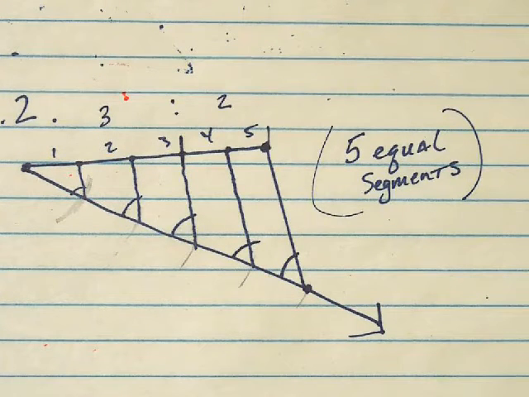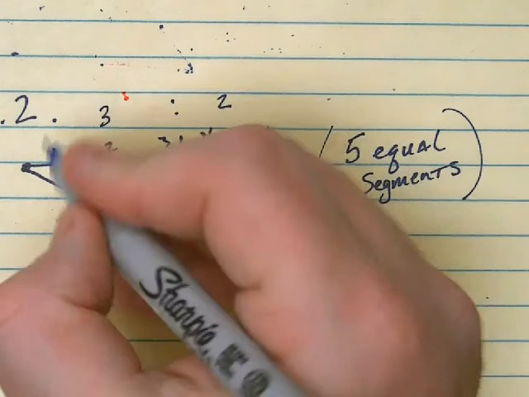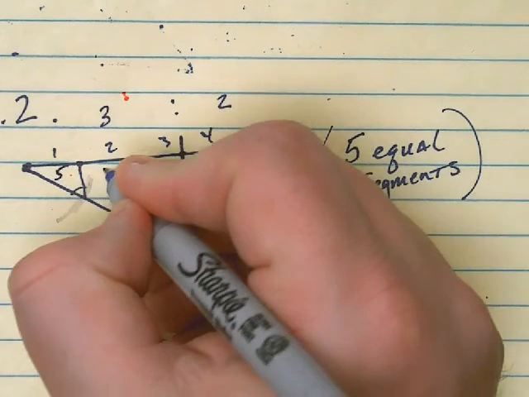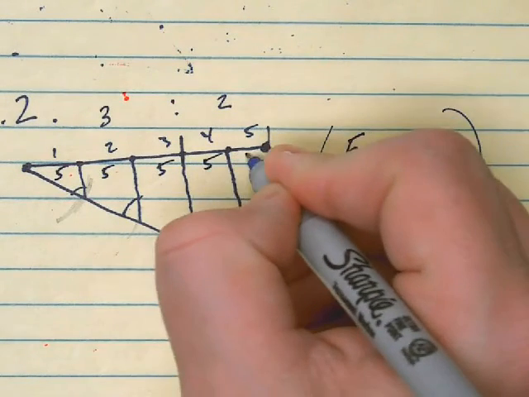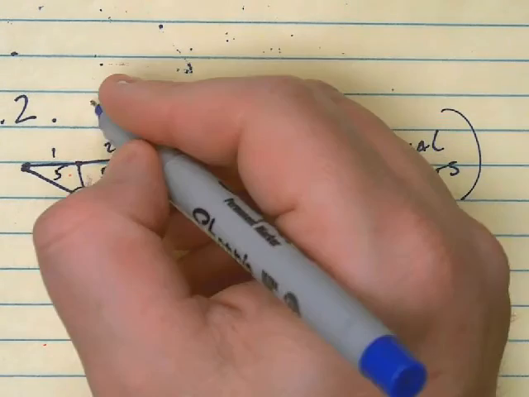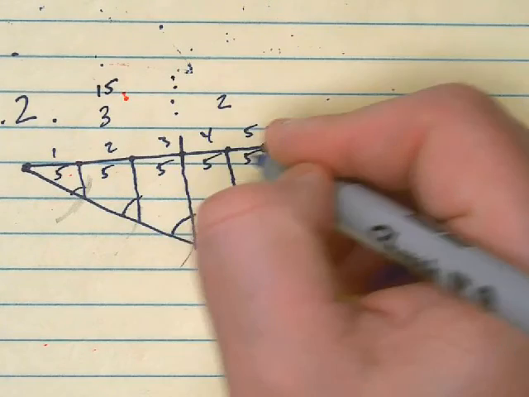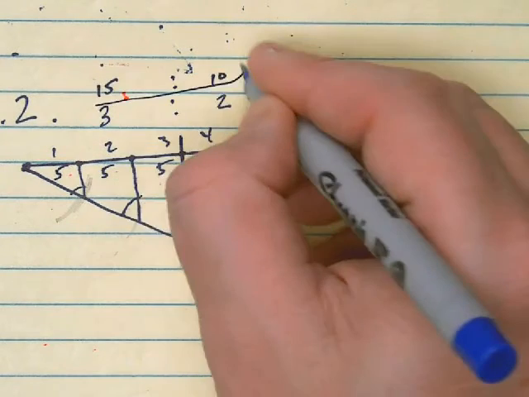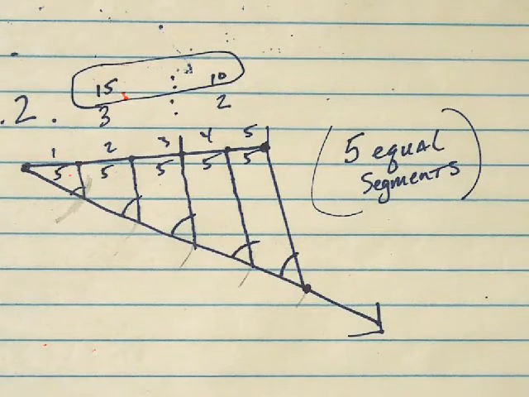If I were thinking of these as equal lengths, this length, let's say, is 5, 5, 5, 5, because they're all equal. And 5 plus 5 plus 5 would be 15. 5 plus 5 is 10. See how it's in the ratio of 15 to 10 or 3 to 2? Would not matter what numbers I chose. Let's try 3.